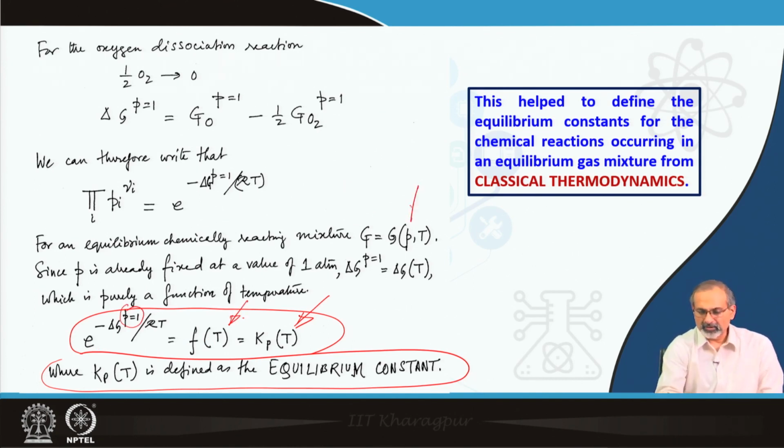So, though G is a function of both P and T, since pressure has been fixed, the Kp happens to be purely a function of T. So, this is how we were able to introduce the equilibrium constant for the chemical reactions occurring in an equilibrium gas mixture from a classical thermodynamics point of view.